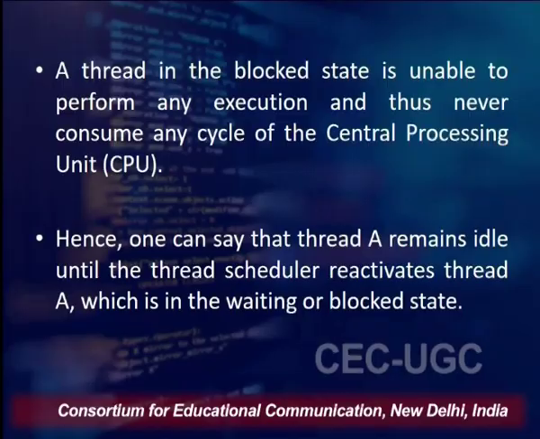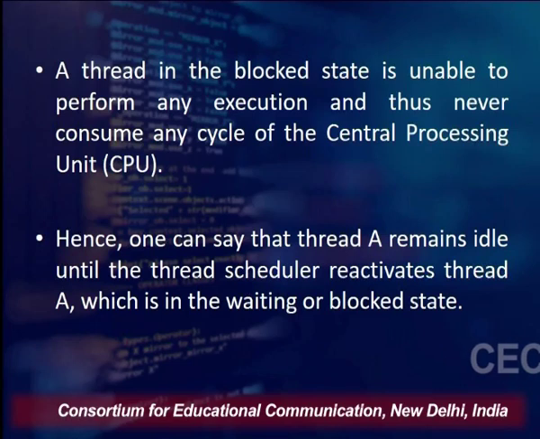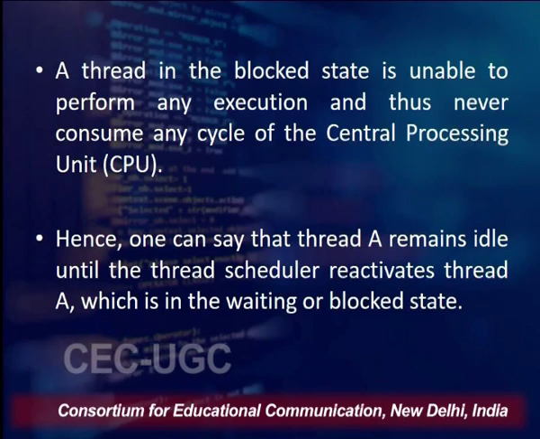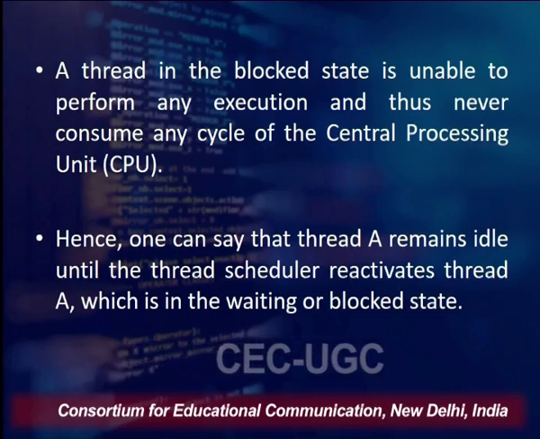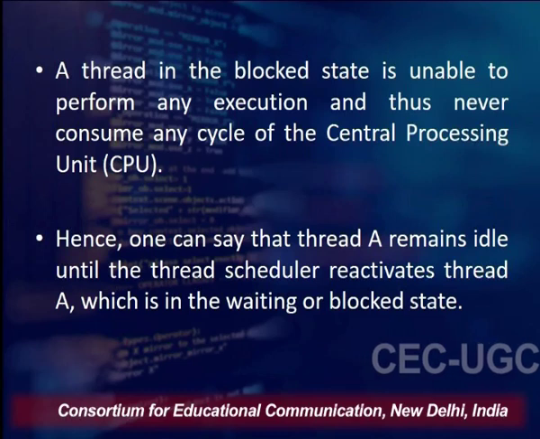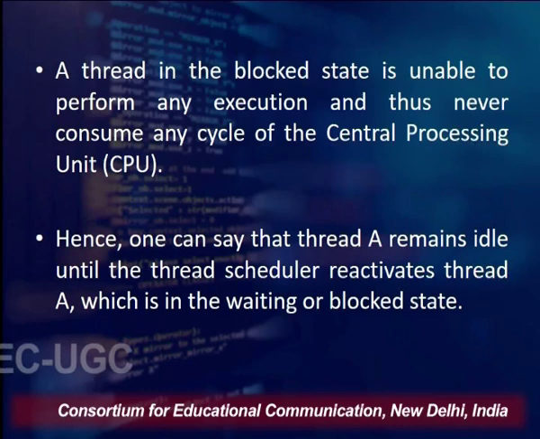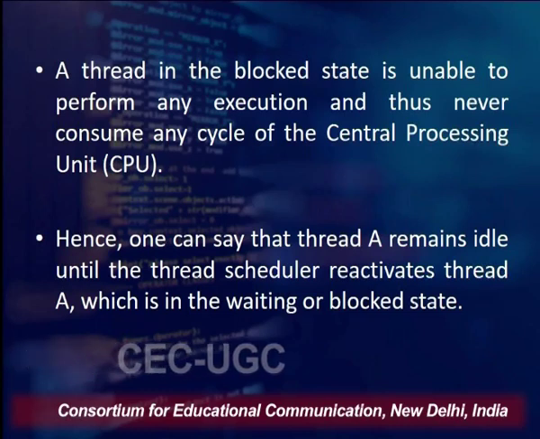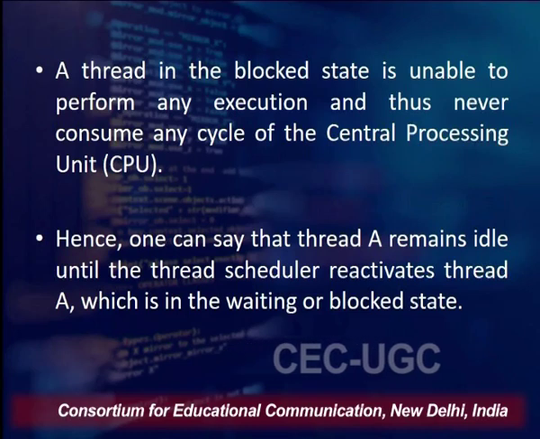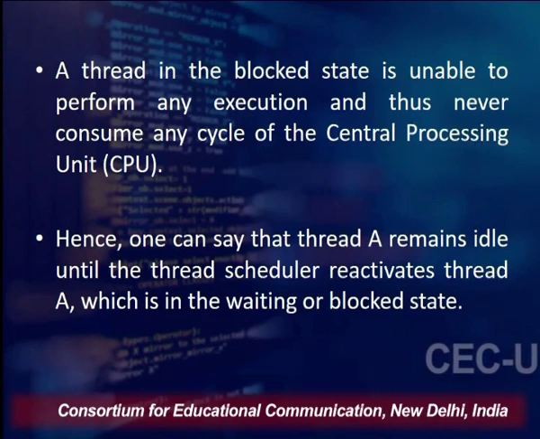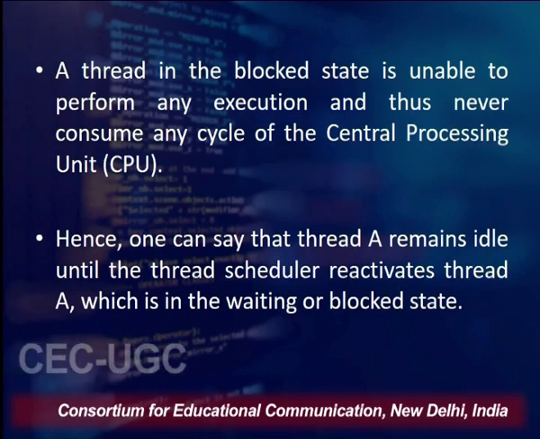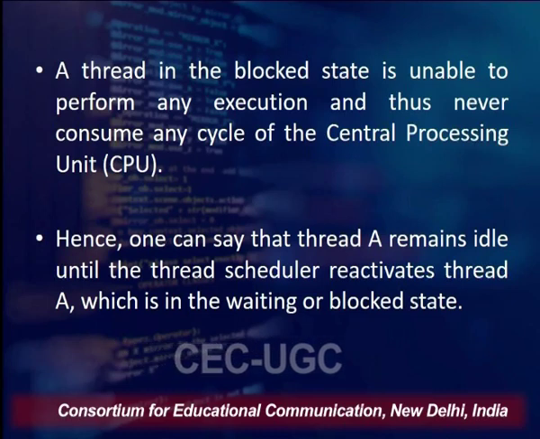Now, a thread which is in the blocked state is unable to perform any execution, and because it is not allowed any execution, it will never consume any cycle of the central processing unit, or CPU. So a thread in the blocked state is not going to utilize any cycle of the CPU.